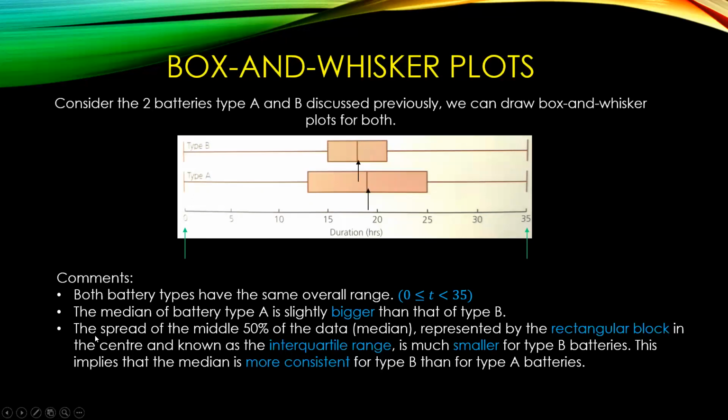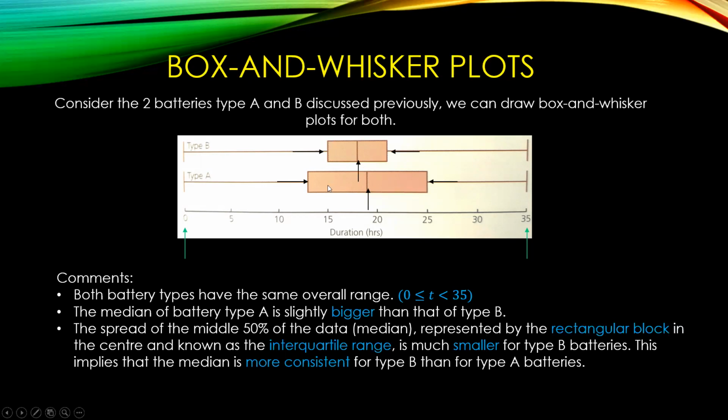But the spread is the upper quartile minus the lower quartile, right? You can see it is represented by the rectangular block here. So the interquartile range is this one minus this one, and this one minus this one.